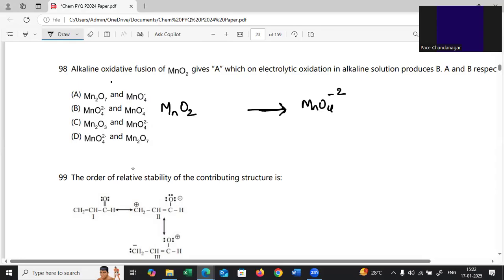Now do the balancing. You have two oxygens on the left side, so two water molecules here. Two water molecules means 4H plus on my right side. Now let us check. Mn, my hydrogens are balanced, my oxygens are also balanced. And now let us also balance the charge here.